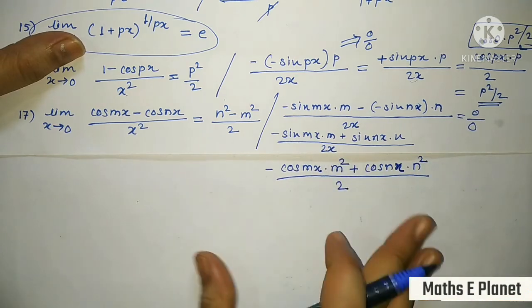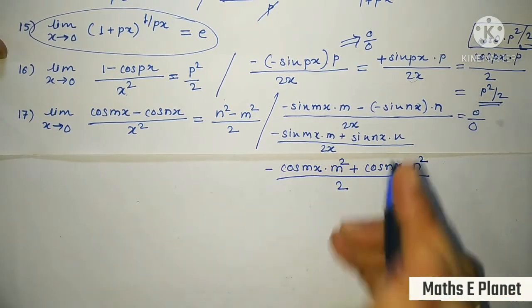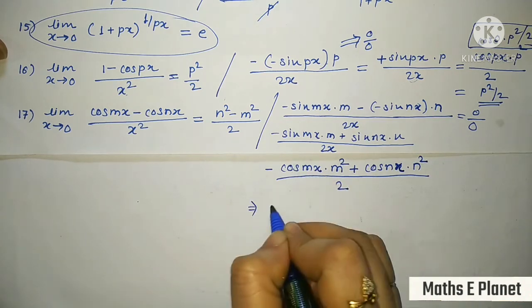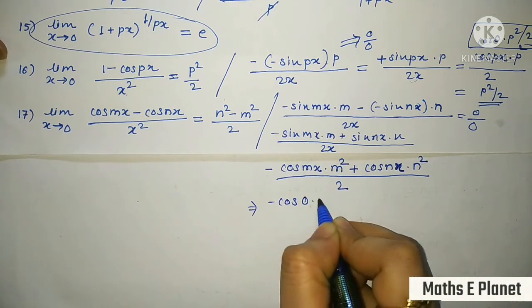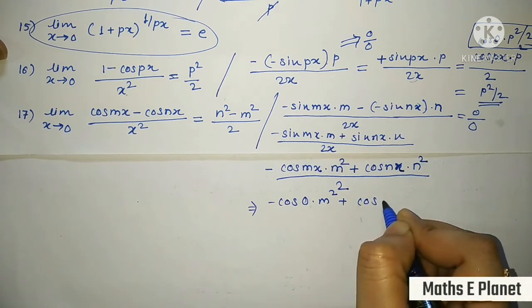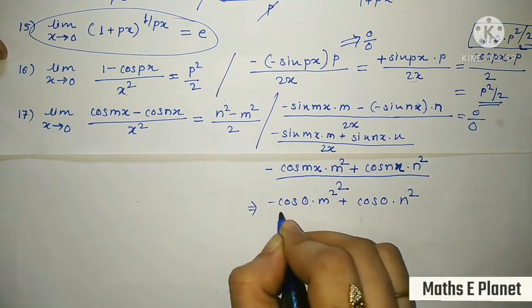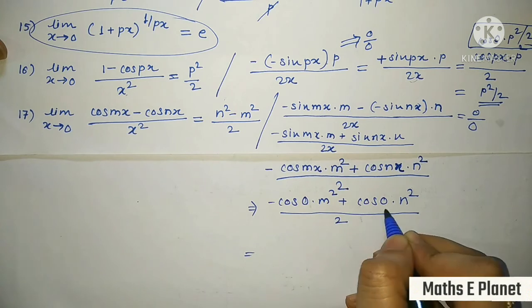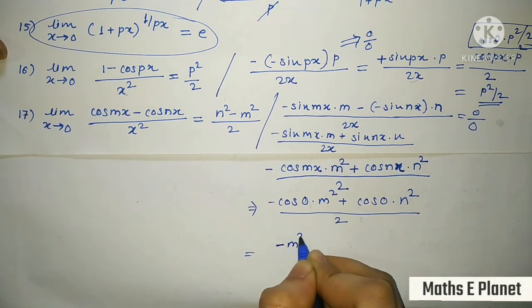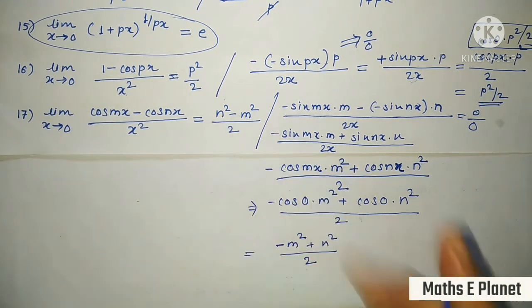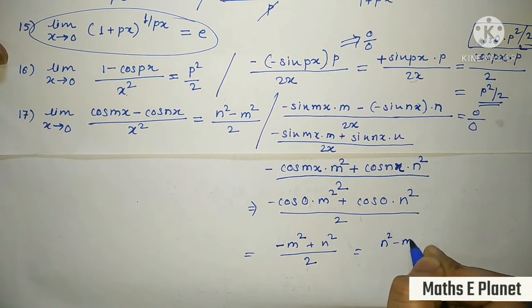Now the differentiation is complete. Now put x is equal to 0, so minus cos 0 into m square plus cos 0 into n square divided by 2. So what will the answer be? Cos 0 is 1, so minus m square plus n square divided by 2, and this is nothing but n square minus m square divided by 2, and this is the answer.